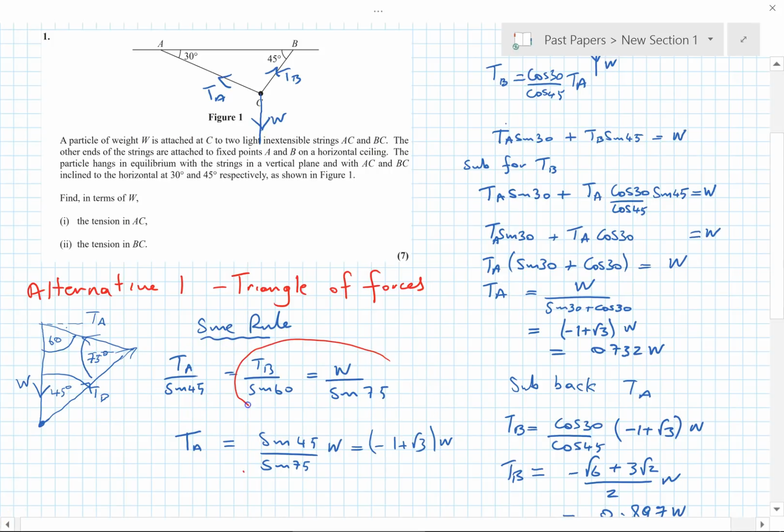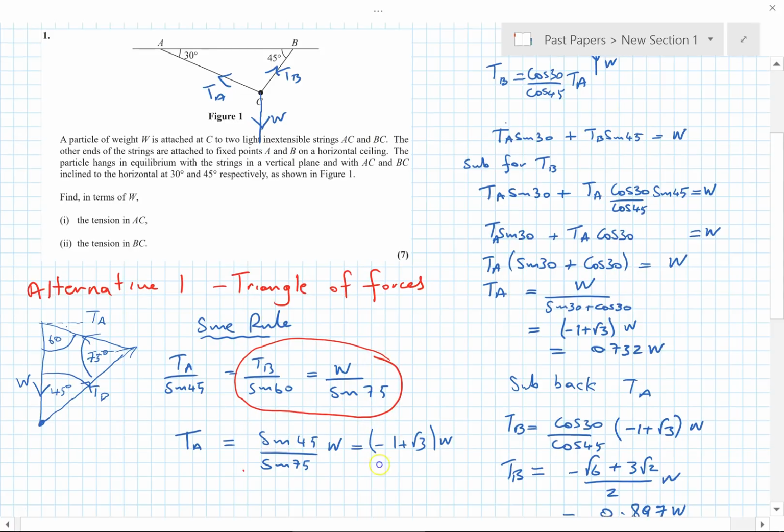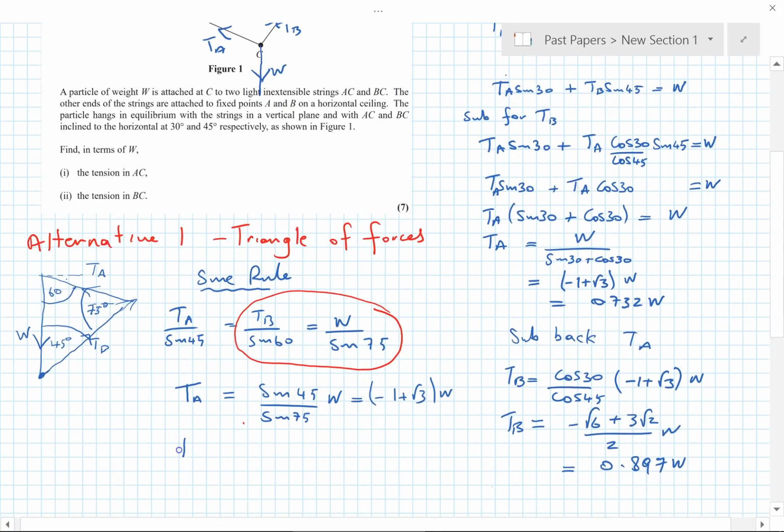So TB, you're looking at this part of the equation. So we can say TB is equal to sine 60 over sine 75 W, and that will give us the answer we've already worked out, minus the square root of 6 plus 3 the square root of 2 over 2 W, or the 0.897 W, or the 0.90 W if you prefer.